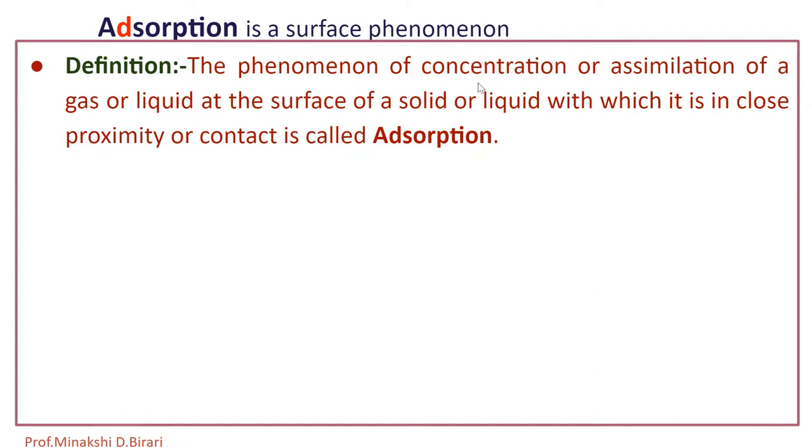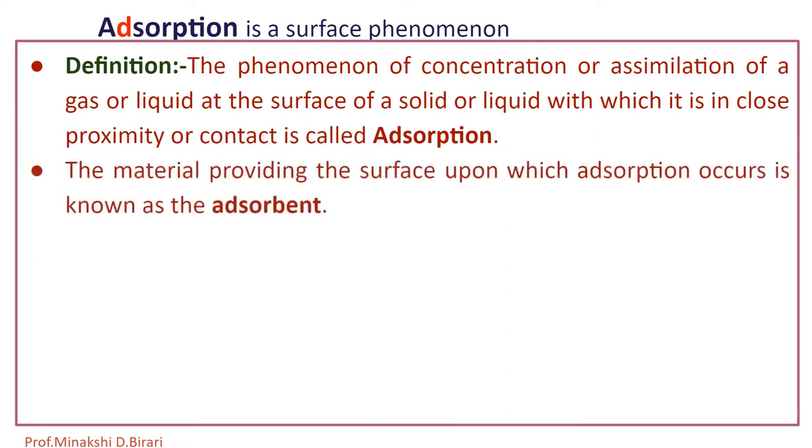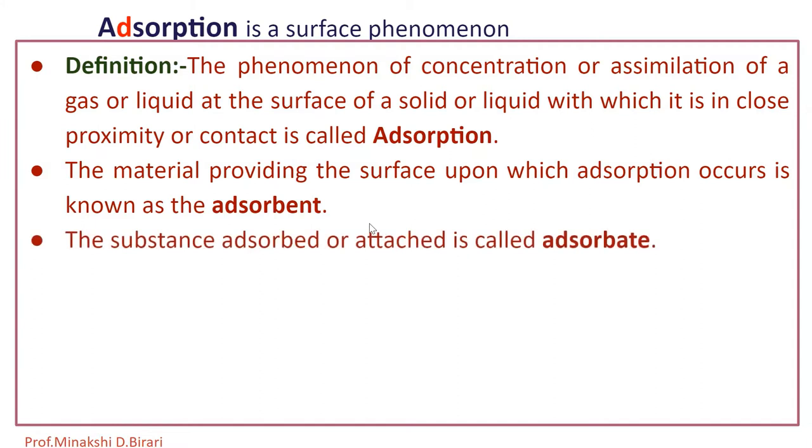Alternately, adsorption can be defined as the change in concentration at the interfacial layer between two phases of a system. The material providing the surface upon which adsorption occurs is known as the adsorbent, and the substance adsorbed or attached is called the adsorbate.